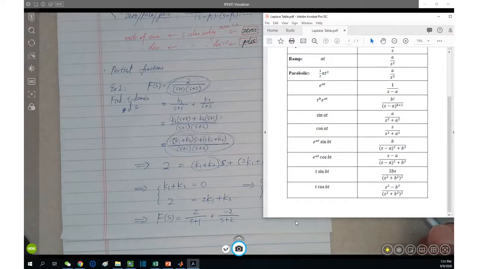We go to the table. Which formula should we use? Obviously this one: numerator 1, constant, and denominator is s minus a. Be careful, it's s minus a, not plus a. The corresponding inverse Laplace transform result is e to the positive a t.